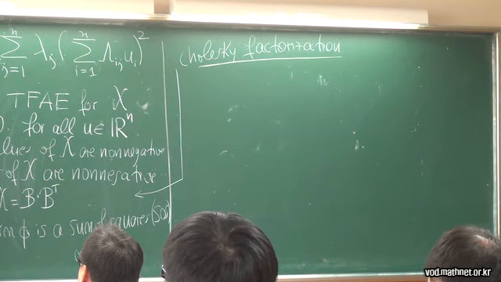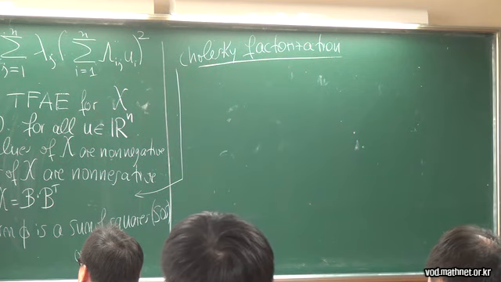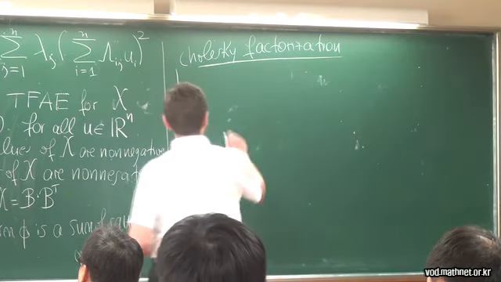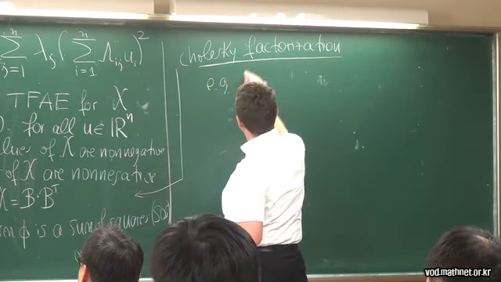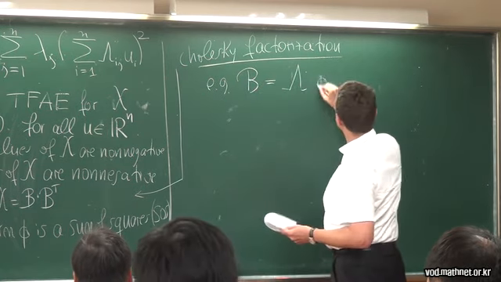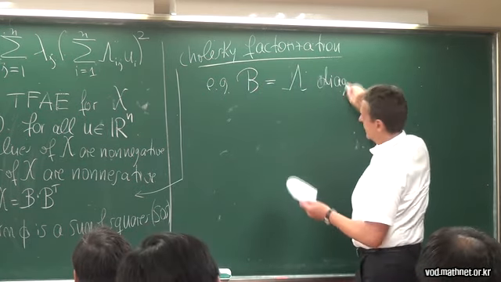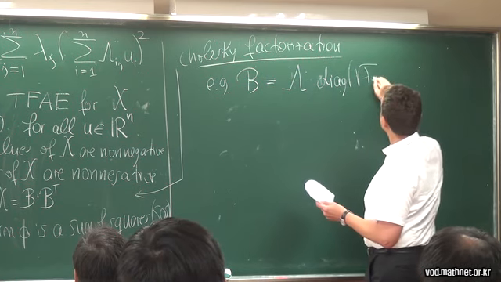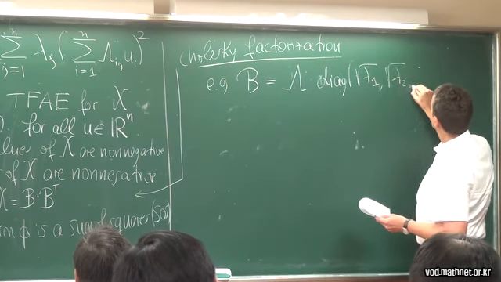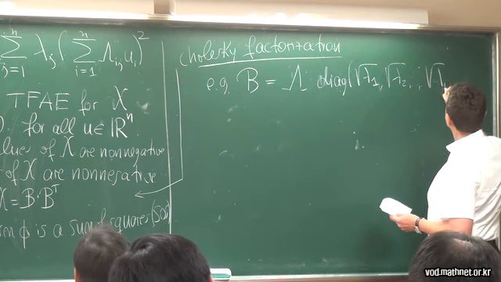So on the homework, on the exercise sheet number 1, anything like this I'm going to allow as a Cholesky factorization. But of course also, if you were given the eigenvectors, you can write down one such Cholesky factorization. So B is lambda times the diagonal matrix with entries square root lambda 1, square root lambda 2, up to square root lambda n.